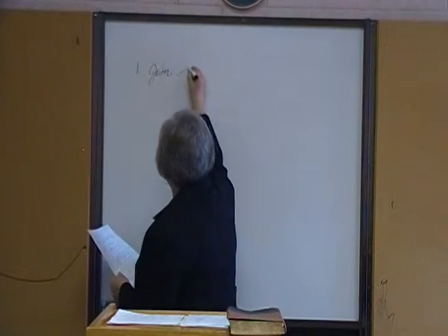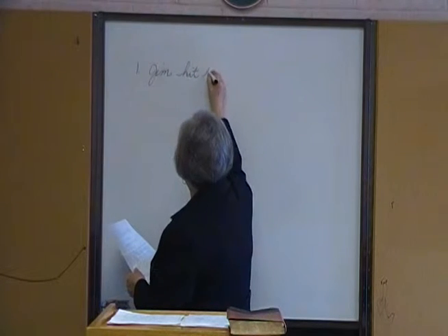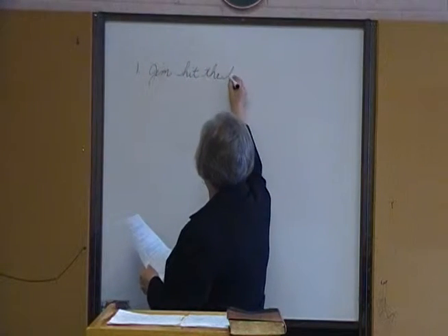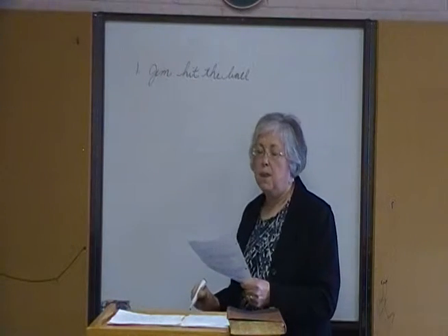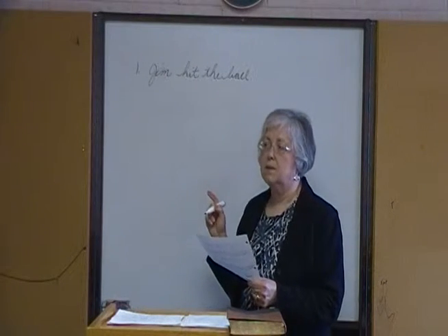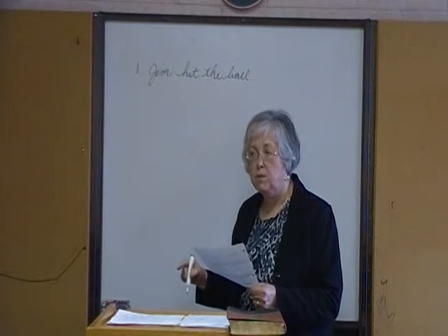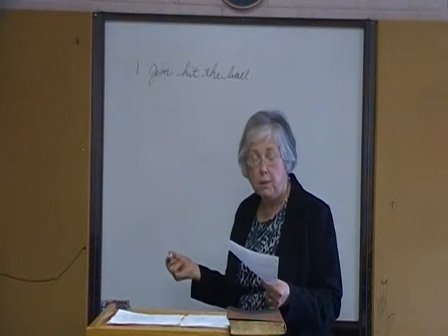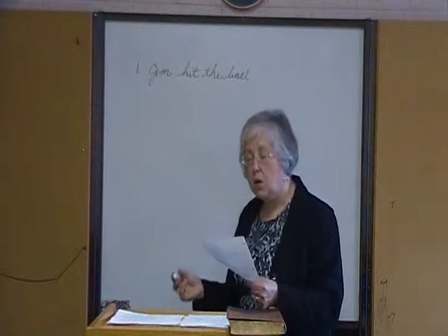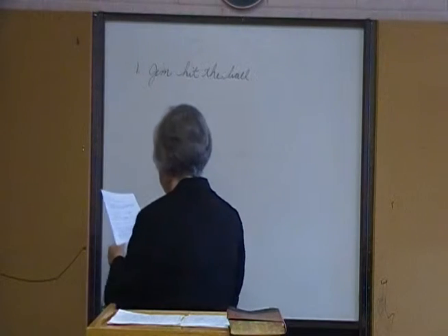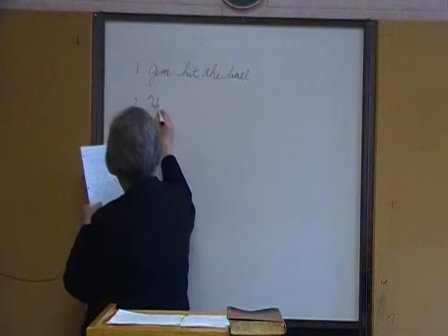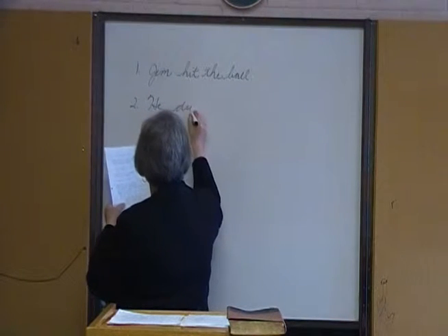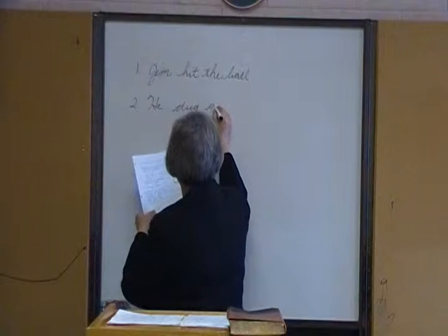Jim hit the ball. Now, while I'm putting the next sentence on the board, take a look at that sentence and find the verb, find the subject, and find what the complement would be that completes the meaning started by the subject and the verb. He dug a hole.